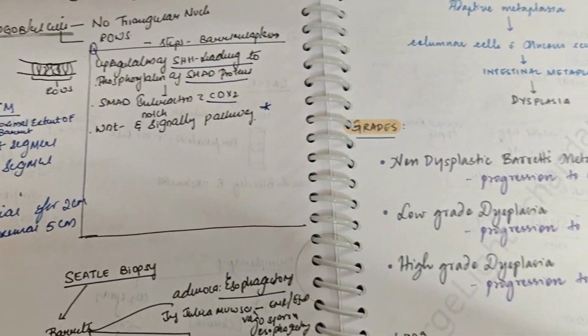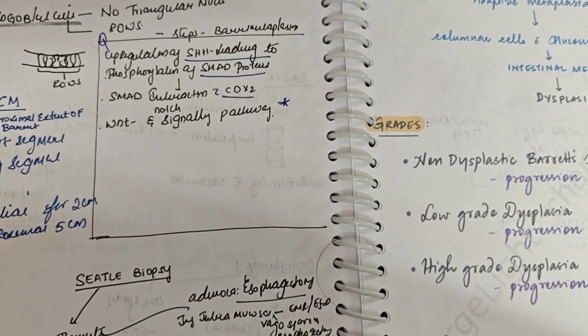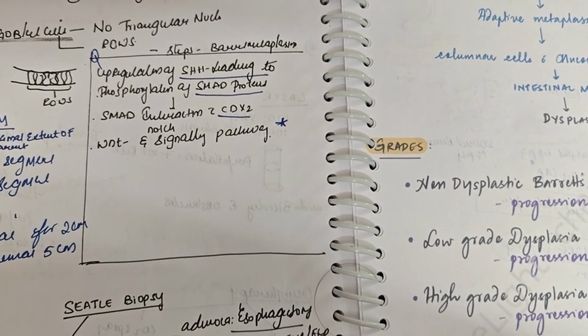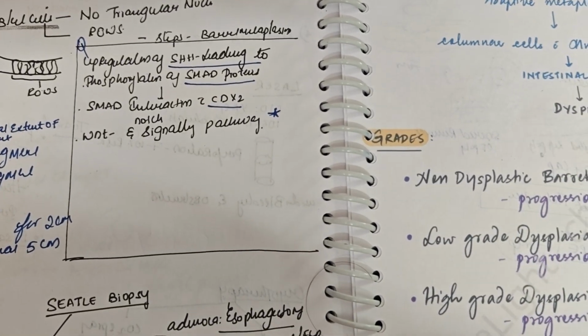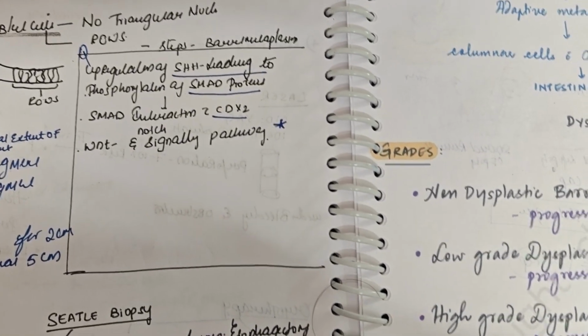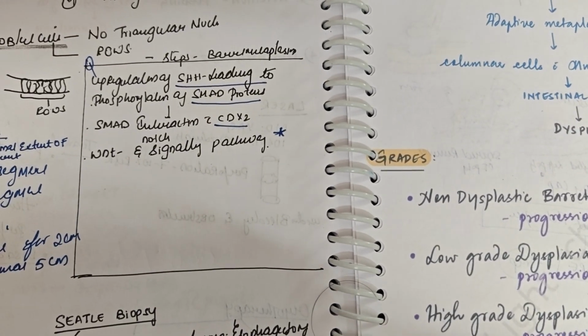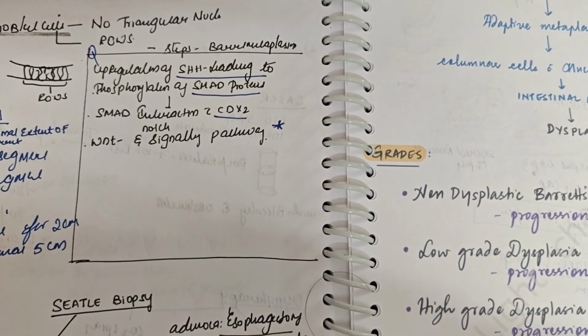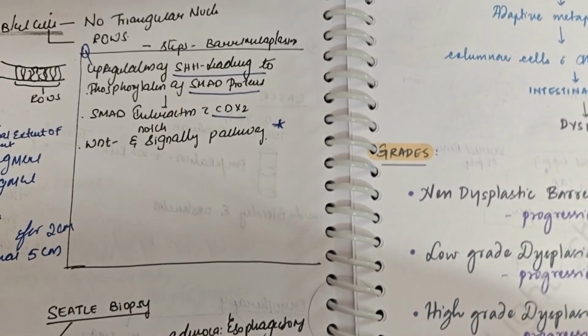Now the question can arise in the pathogenesis. If you go in depth regarding the nucleus, you have upregulation of SHH leading to phosphorylation of SMAD proteins.